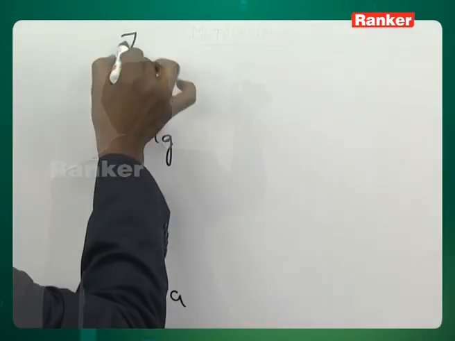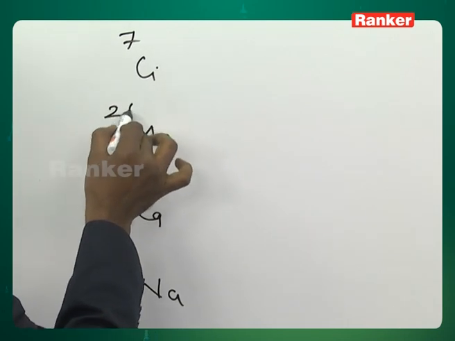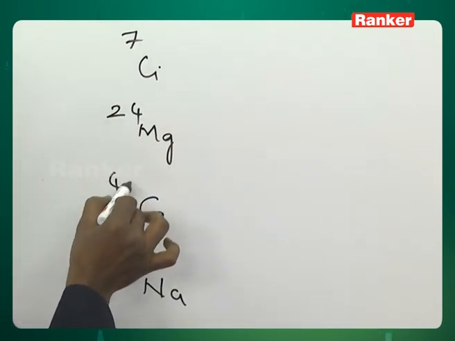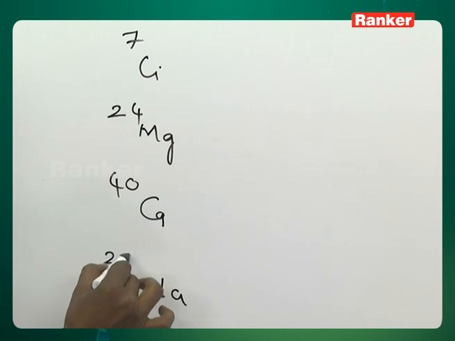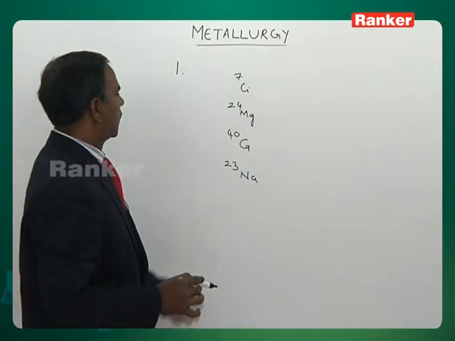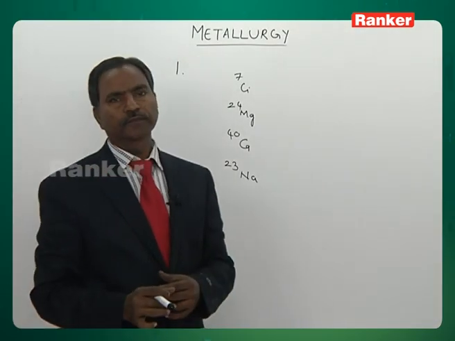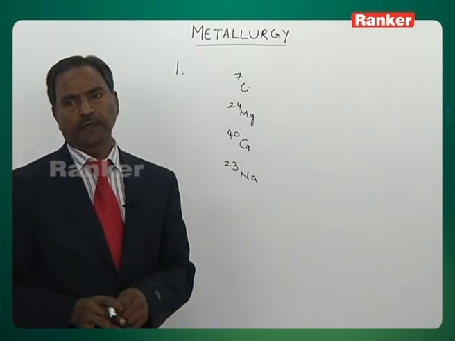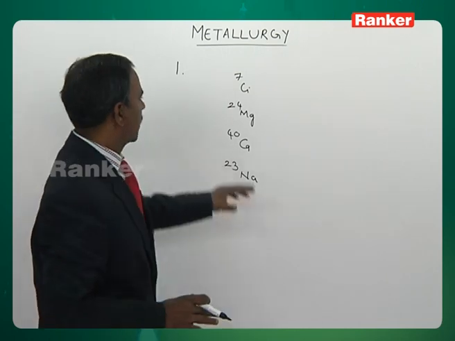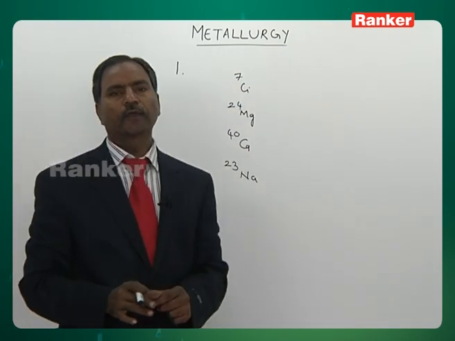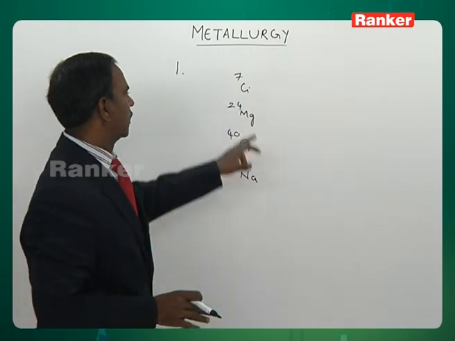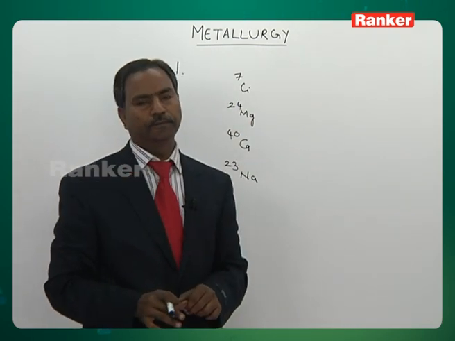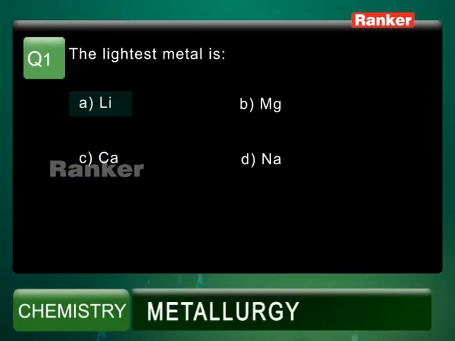Lithium atomic weight is 7, magnesium is 24, calcium is 40, sodium is 23. So, up to at least 20 elements, their atomic numbers and mass numbers should be remembered. Among these, lithium has only 7 atomic mass. Therefore, lithium is the lightest metal. So, for question number 1, answer is A.